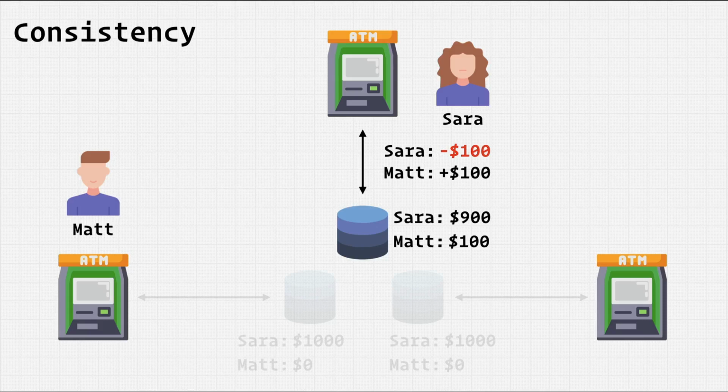Now, in order for this database to be consistent, because remember, there are 3 nodes in our system right now, so there's 3 different database nodes that all must reflect the same value.